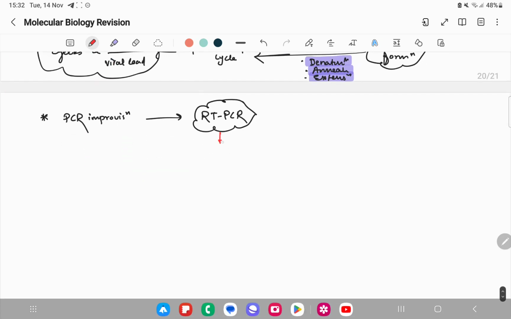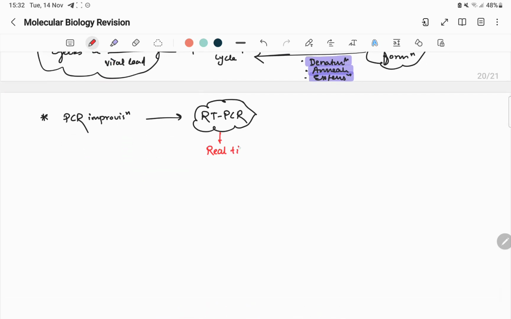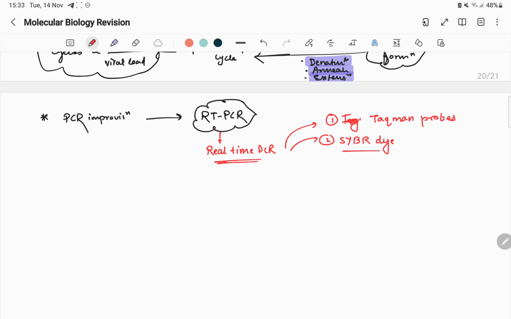In this real-time PCR, a different type of probe is used, called TaqMan probes, and a dye is used, called SYBR dye, which is a fluorescent dye, and it is detected by your fluorometer.